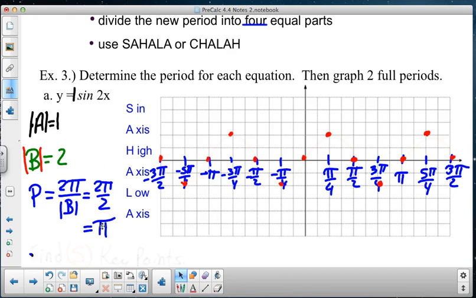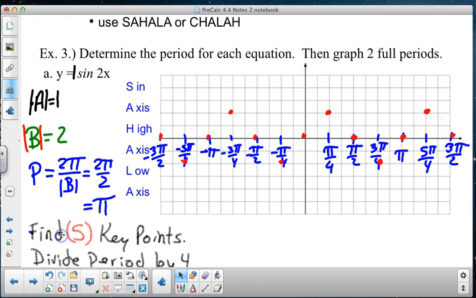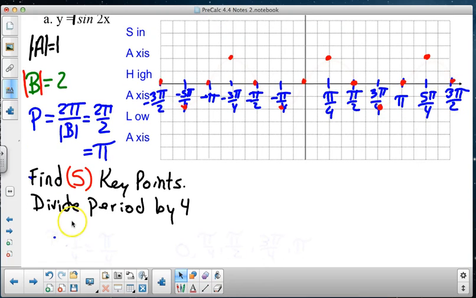So I will continue my cycle, doing the same thing again, starting over after pi has gone through. So I'm going to take pi and divide by 4 for my 5 key points, and I find that I'm going to go pi over 4, pi over 2, 3 pi over 4, and pi.